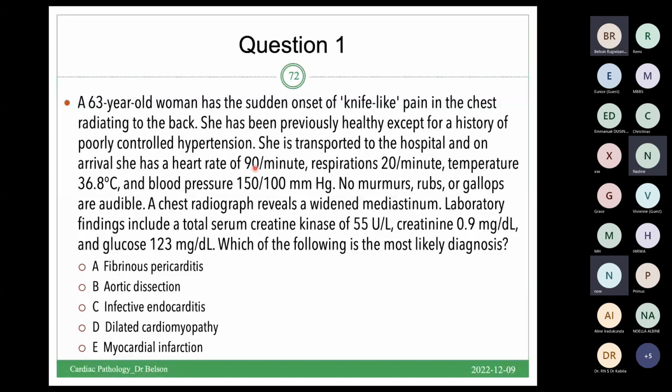Laboratory findings include troponin, creatine kinase CK, creatinine, so there is creatine kinase and creatinine, mostly checking the kidneys, and the glucose, which is normal. Which of the following is the most likely diagnosis?